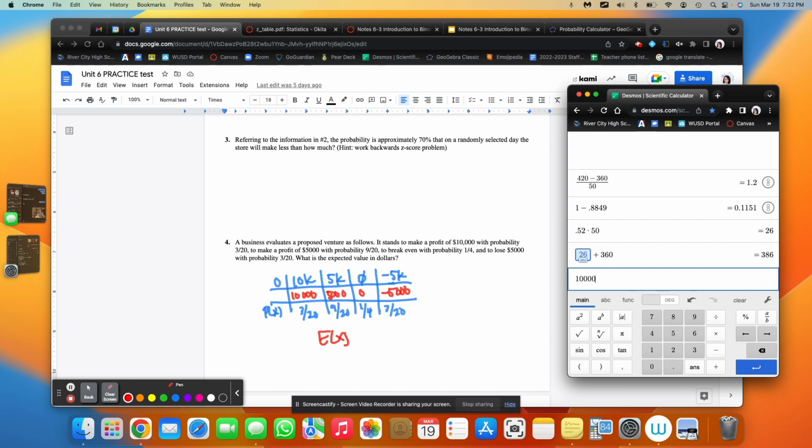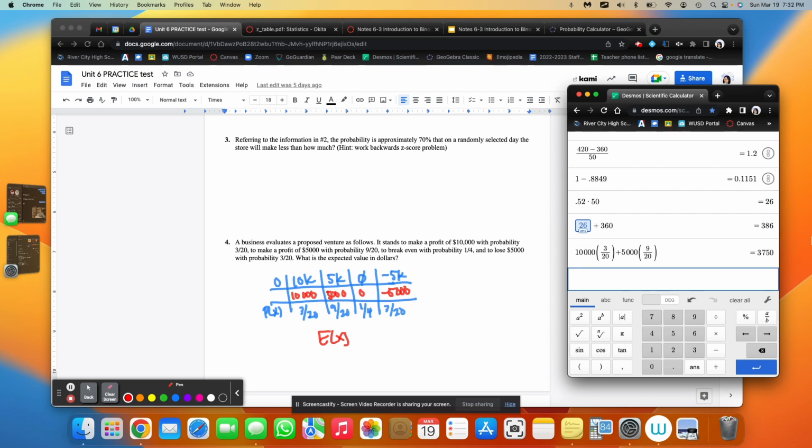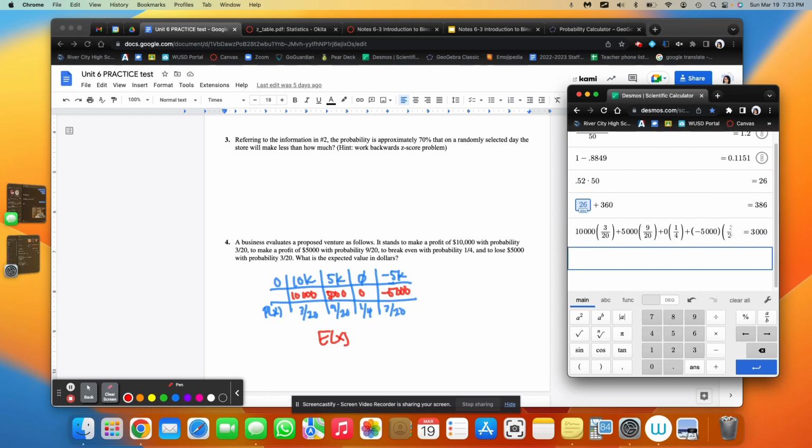So 10,000 times 3 out of 20 plus 5,000 times 9 out of 20 plus 0 times 1/4 plus negative 5,000 times 3 out of 20. So the expected value in this case is 3,000.